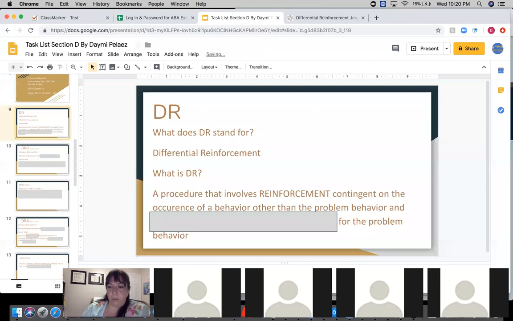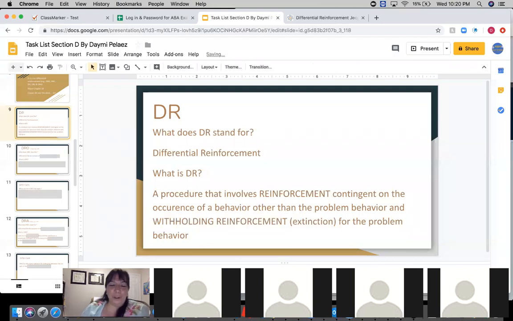Target behavior, problem behavior, same thing. And it is paired with withholding reinforcement for the problem behavior. Is it something like extinction? Mm-hmm. Withholding reinforcement, extinction. Perfect.